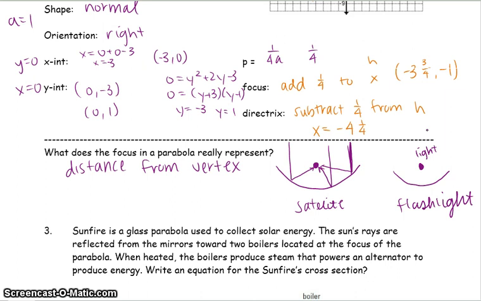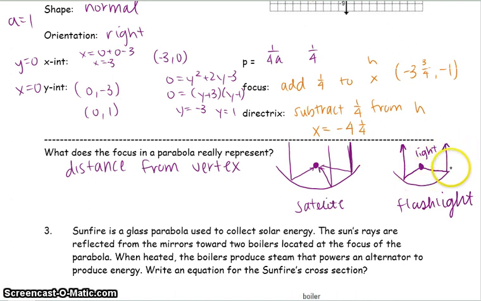So they put the light bulb at the focal point, so then wherever your light rays come off of the light bulb, they will hit this reflective mirror image, and it'll shoot straight out. So no matter where the light hits, it's going to shoot straight out.